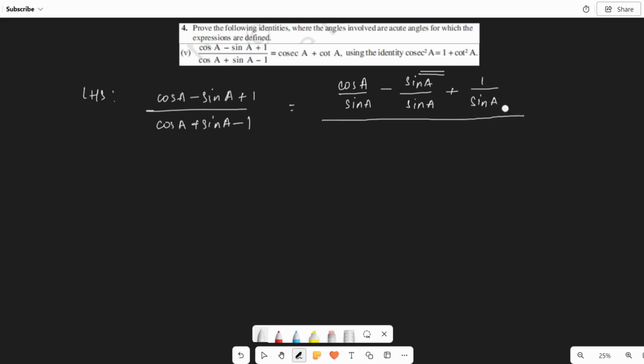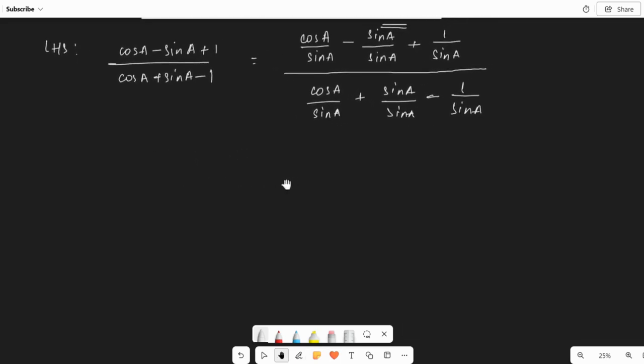Similarly, we divide the denominator by sin A, so this becomes cos A/sin A + sin A/sin A − 1/sin A. Now this can be written as cot A, as cos A/sin A is equal to cot A, minus 1 plus 1/sin A, which is equal to cosec A, as they are inverse functions of each other.